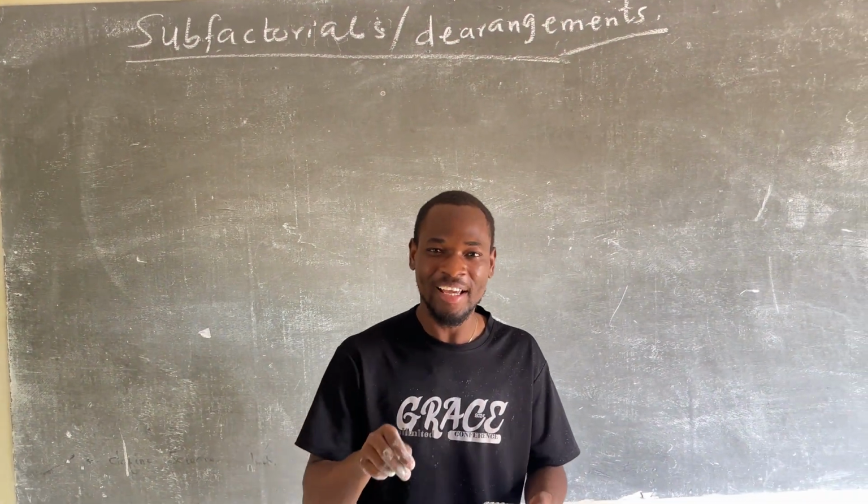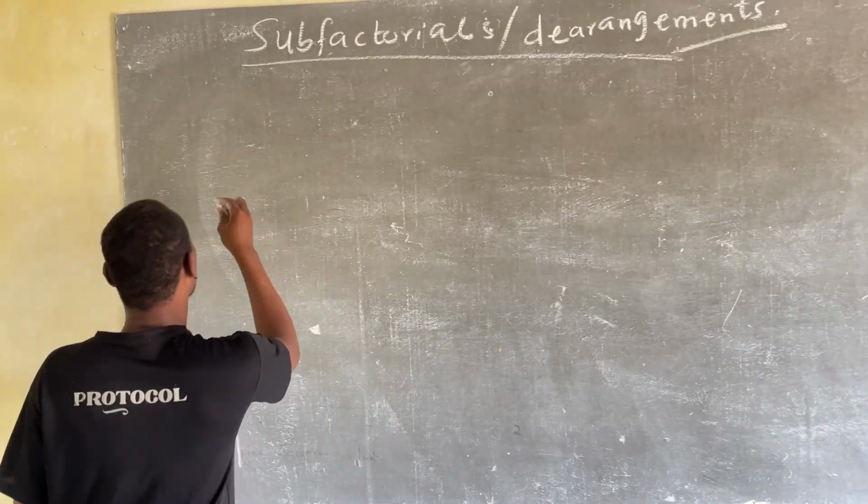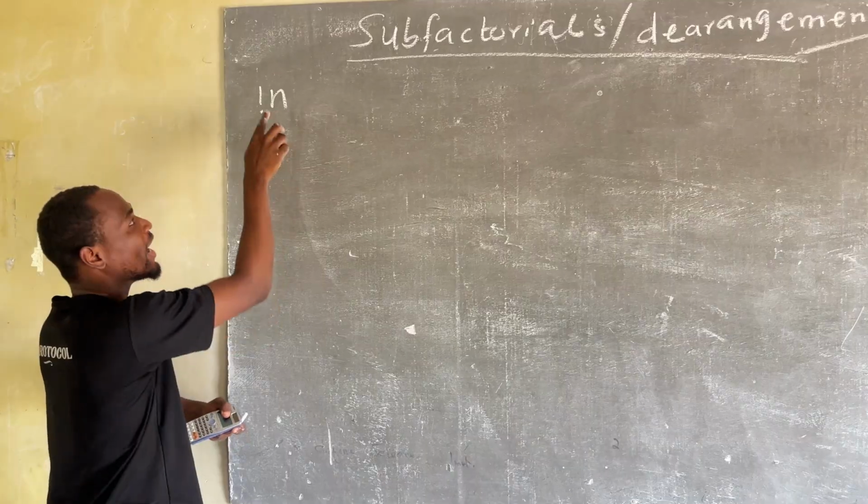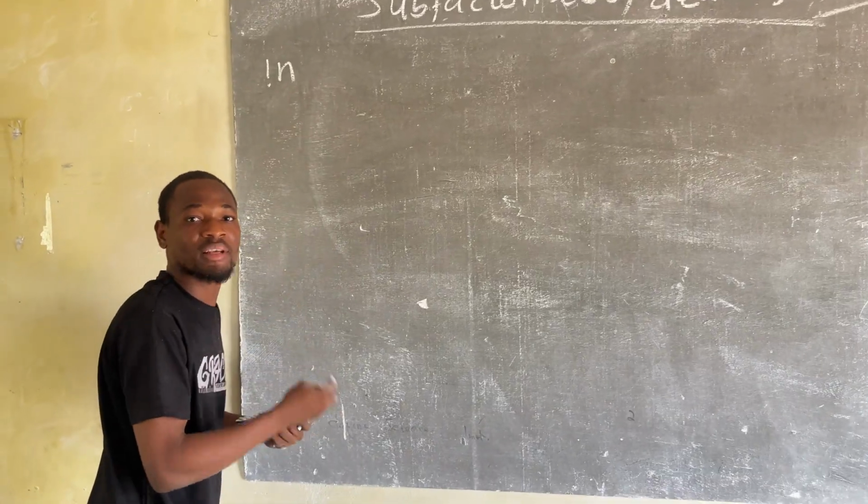Subfactorial of n is given by the exclamation mark coming before the n, where n denotes real values.